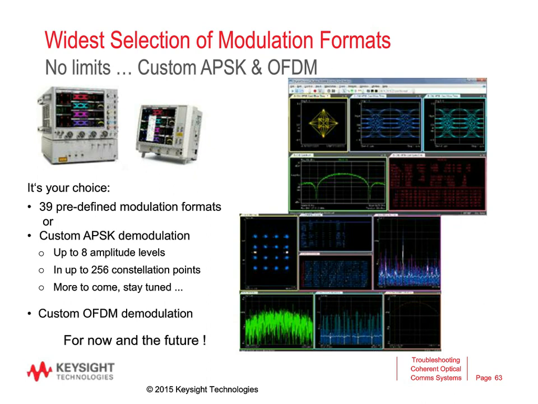Up to 8 amplitude levels are possible. It's 256 constellation points, and even OFDM is possible. And here we see 2 examples. One, the upper one showing the APSK with that star-shaped constellation, and the lower one shows a typical OFDM signal.